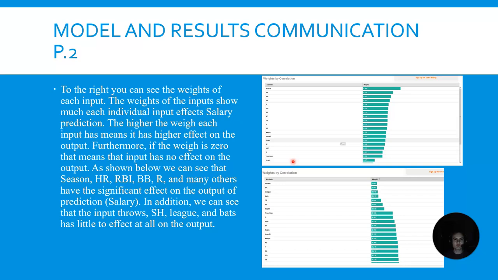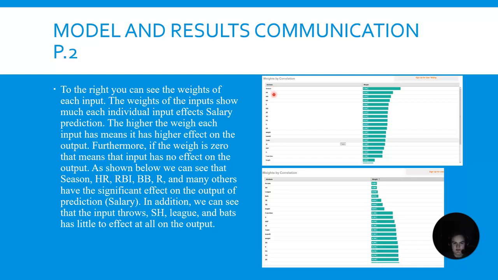I went on to look at the correlation between the inputs and outputs and their weight. As we can see here, some weights have high significance. What this means is that this input of season has more effect on the output, which is salary for these players.